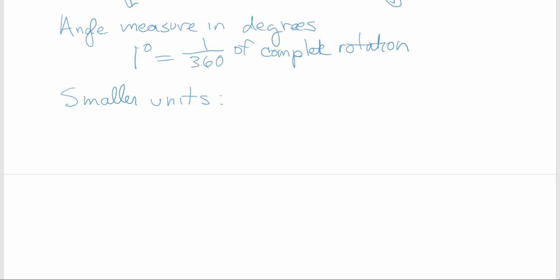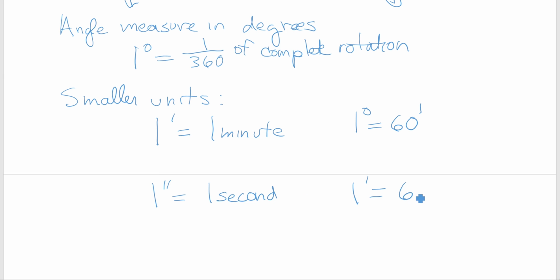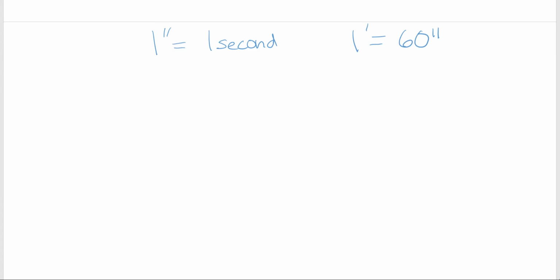The first smaller unit is 1 minute. And we get that 1 degree is equal to 60 minutes. The next smaller unit is 1 second, and we get that 1 minute is equal to 60 seconds. And so when we talk about minutes and seconds, we're talking about small fractions of degrees.